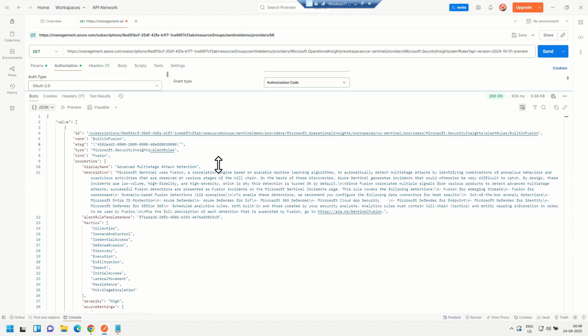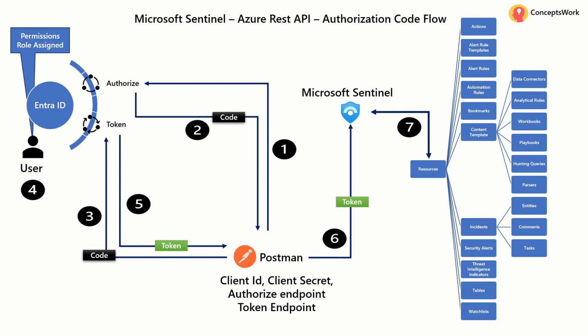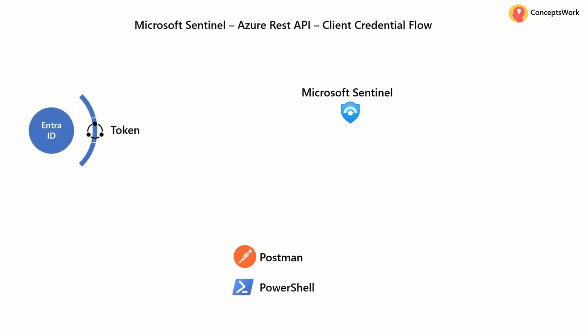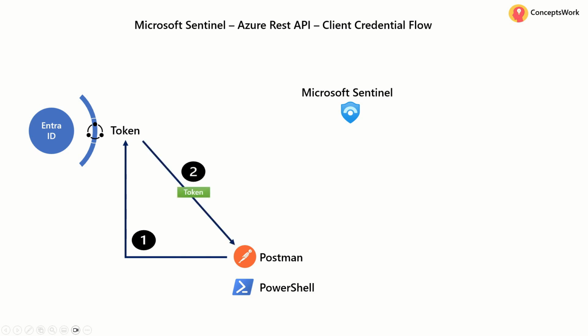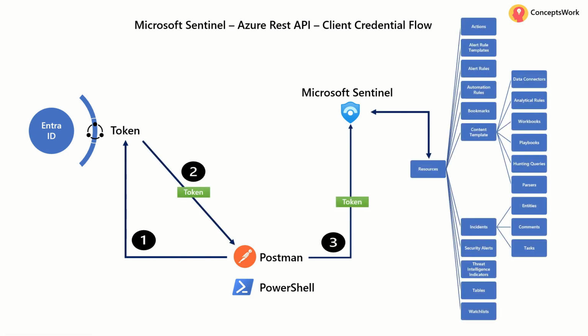Okay, so now let's talk about the second method, which is accessing Microsoft Sentinel through client credential flow. In this, the process is exceptionally simple. The very first request will be directly sent to token endpoint. Then we will get the token and we will use this token to access all the respective resources. It is that simple.